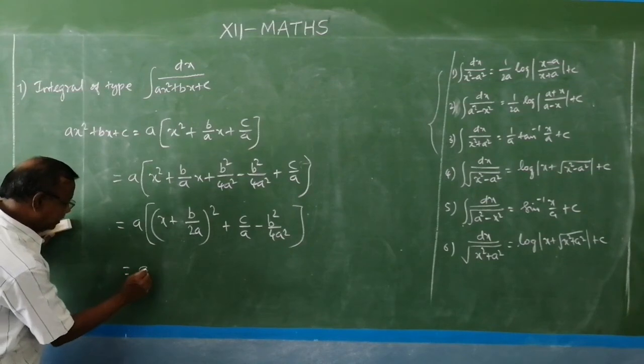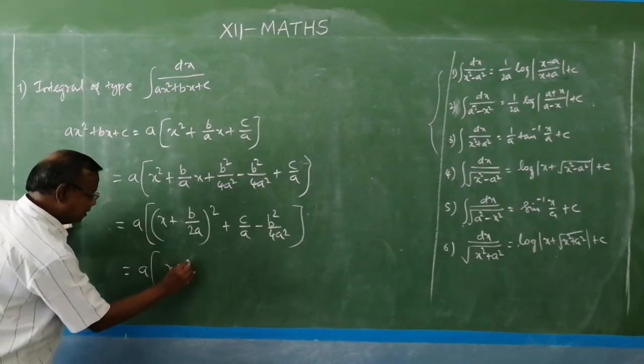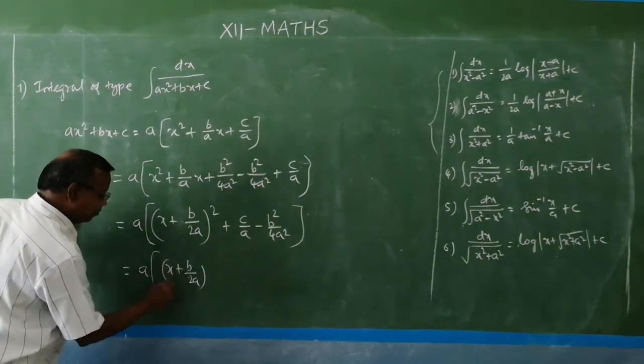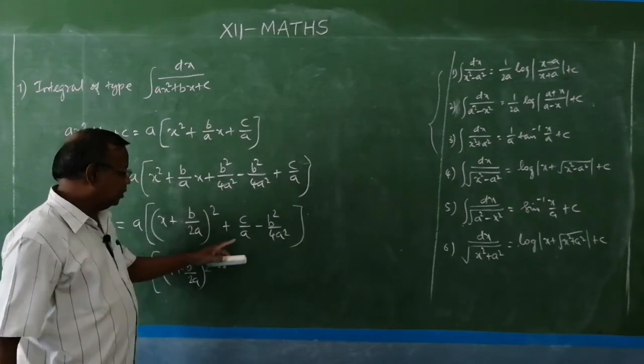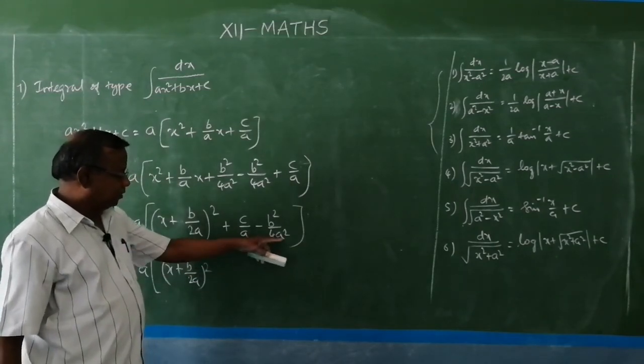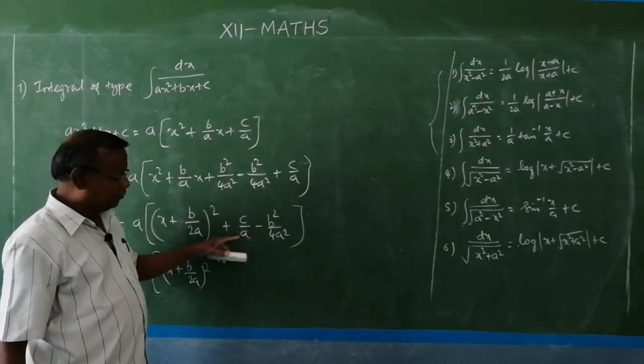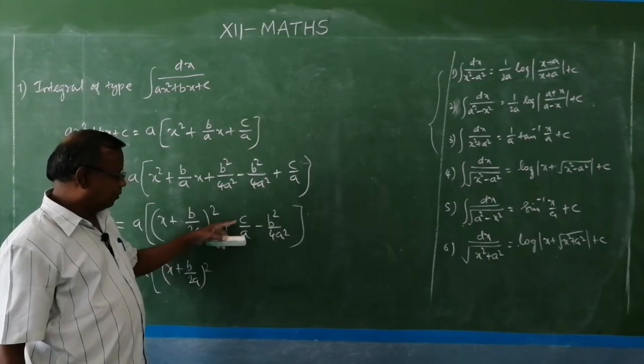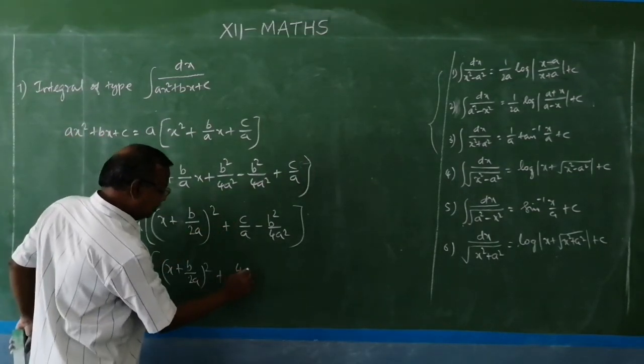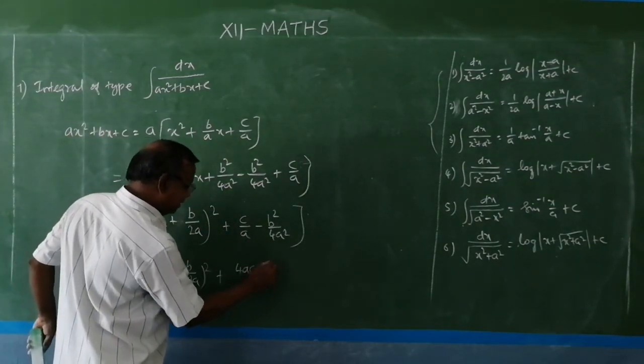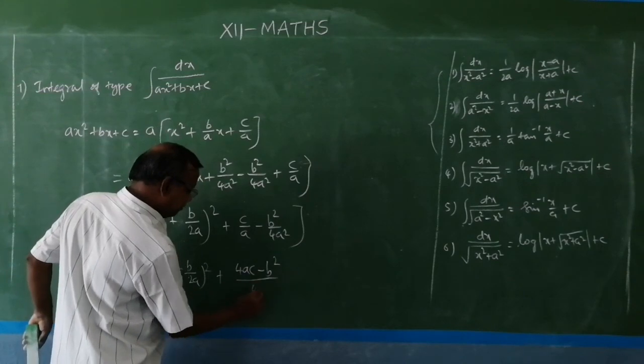This is equal to a into x plus b by 2a the whole square, and take the LCM 4a square, so we multiply and divide by 4a, then only we get 4a square: 4ac minus b square divided by 4a square.